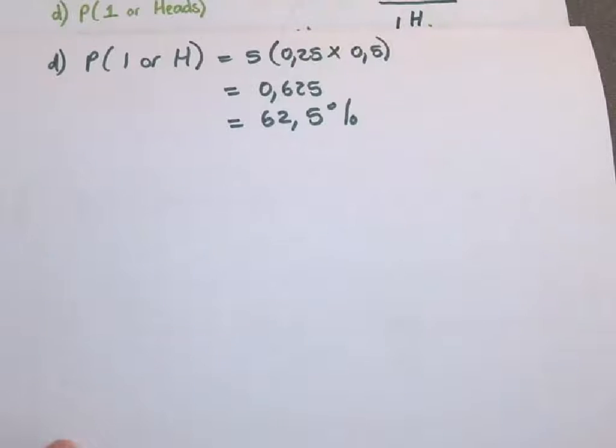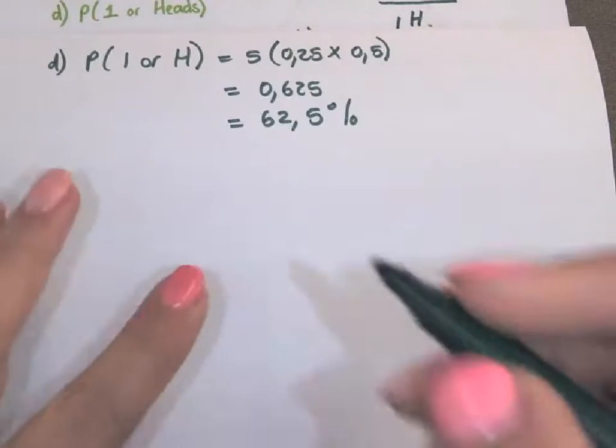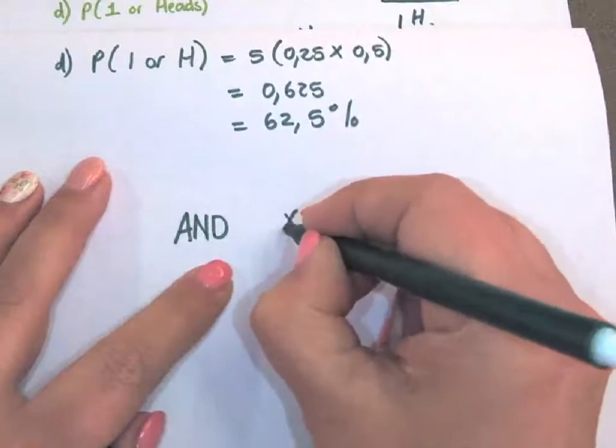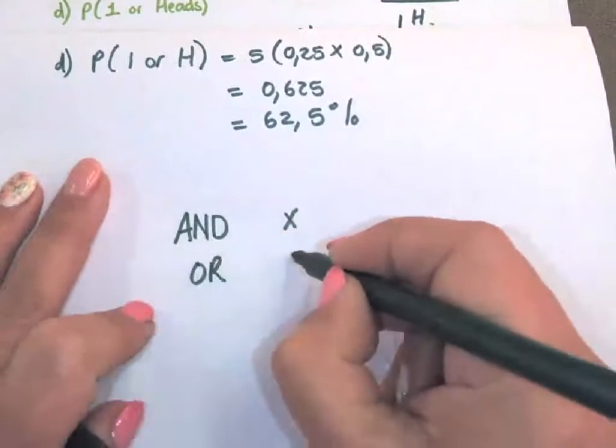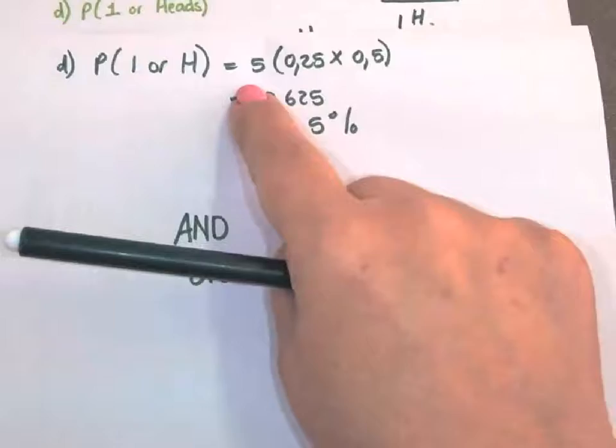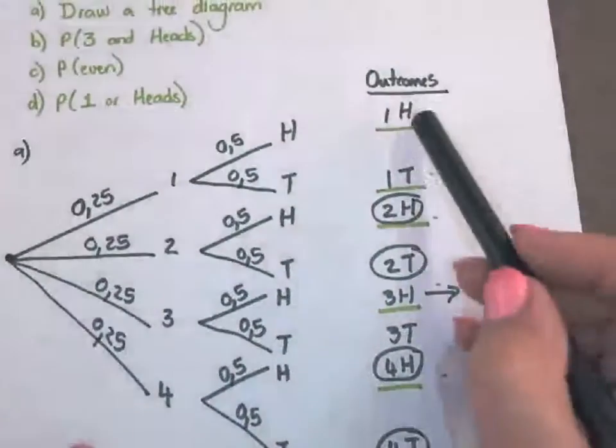Then what if we add and we're going to multiply? You add if you have an or, and you multiply if you have an and. So and is multiply. Or is plus. So then why don't we add at B? Why do we multiply? Because we have 5 of these.